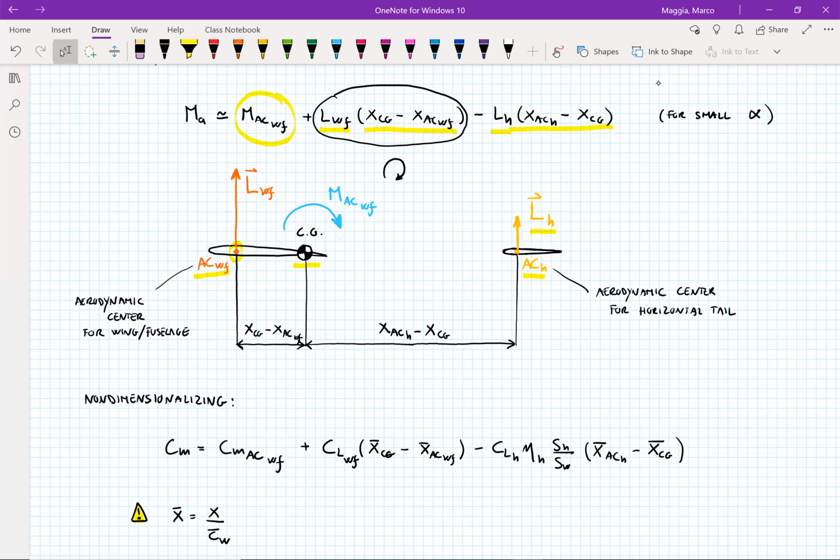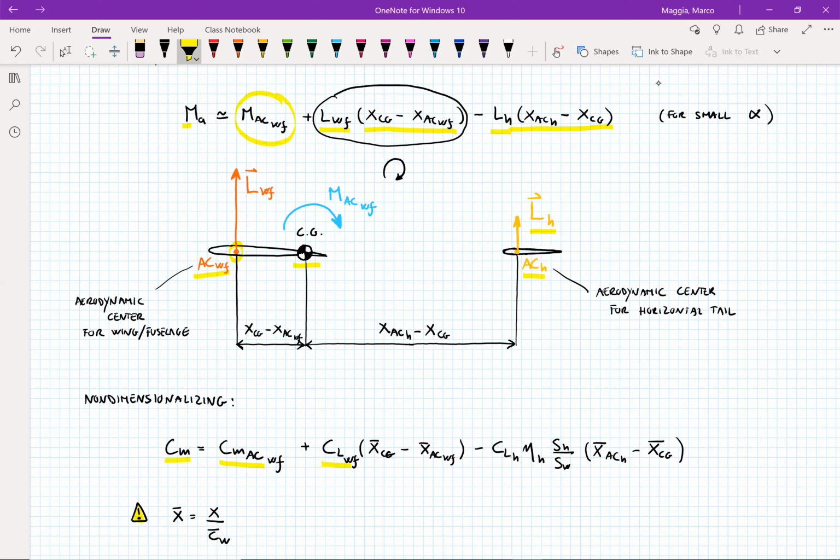Now, if we divide everything by the dynamic pressure and the wing surface, SW, we're going to find our good friend, the pitching moment coefficient. So pretty much we're going to substitute all the moments and the forces with their corresponding coefficients. So MACWF becomes CMACWF, and then LWF becomes the lift coefficient associated with the wings and the fuselage.